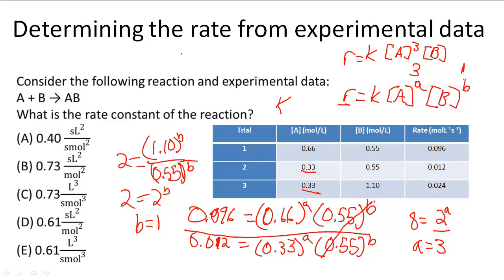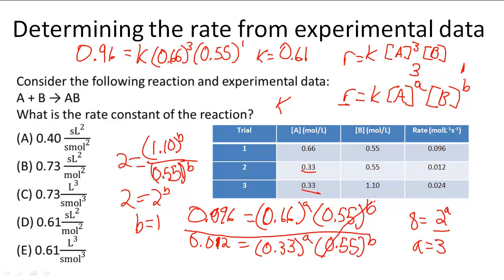So 0.96 equals K times 0.66 to the third power times 0.55 to the first power. When we do this calculation and divide 0.96 by what we get over here, we get that K equals 0.61.